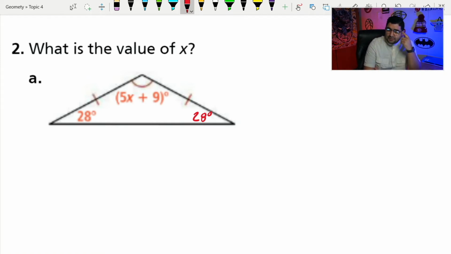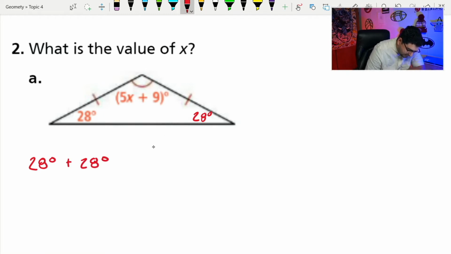I know another theorem that says that inside a triangle, all the angles need to add up to one magic number, and that magic number is 180 degrees. And I have all three angles. So I can set this equation up by writing 28 degrees plus another 28 degrees, and then I can add this angle, which is 5x plus 9 degrees.